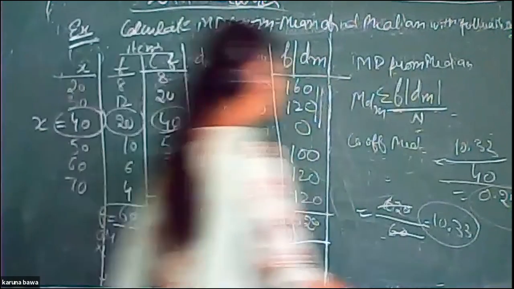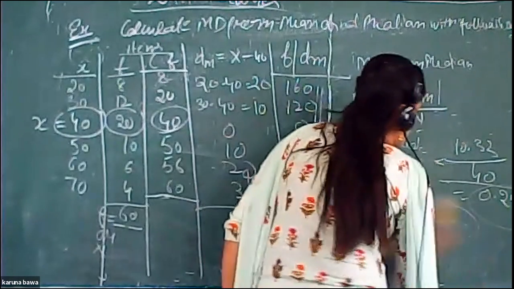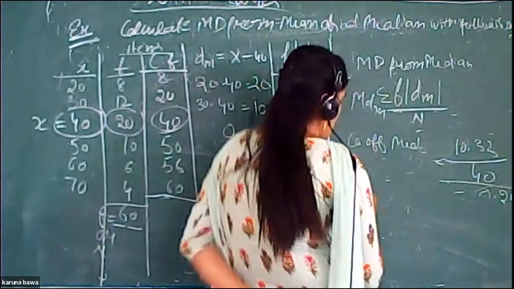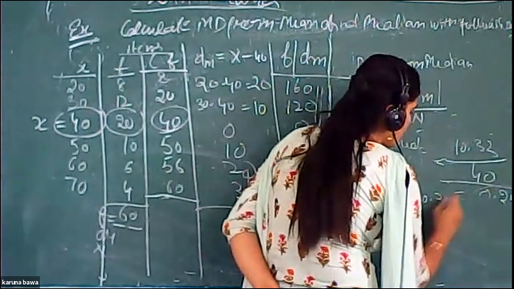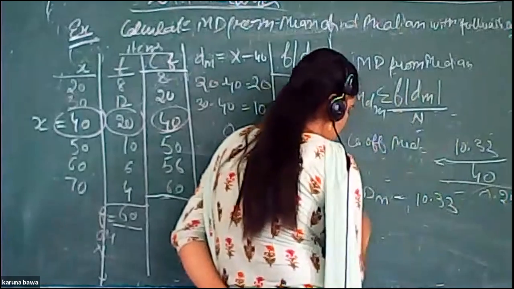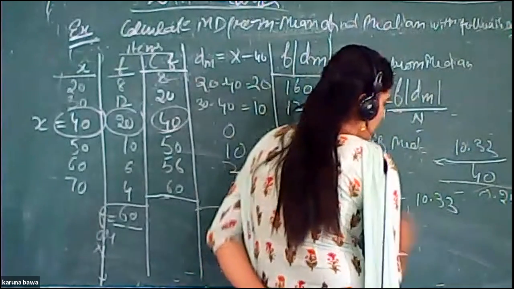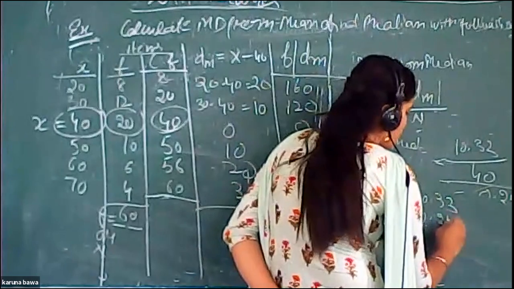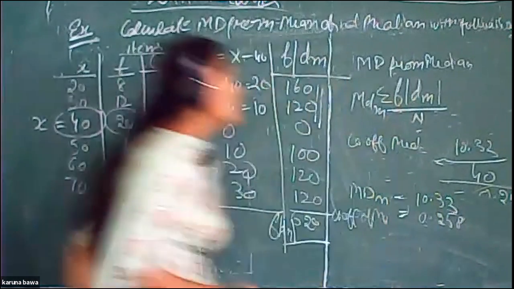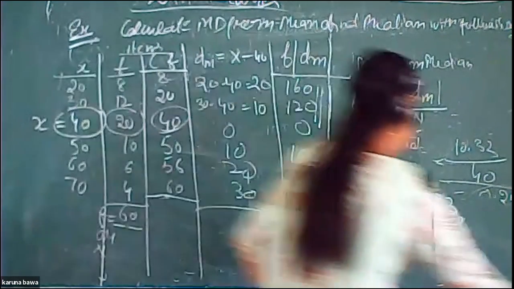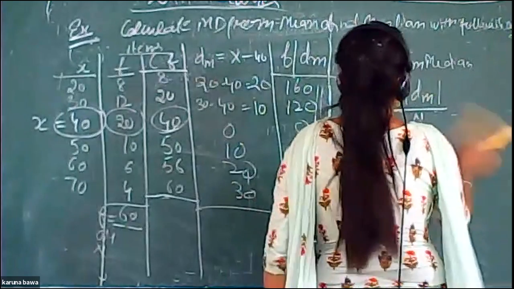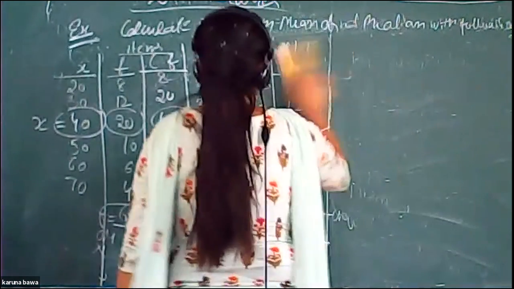Basically, mean deviation from median is 10.33 and the coefficient of median is 0.258. So this is the median. So now find out the mean value.